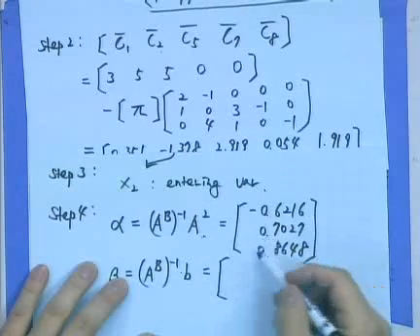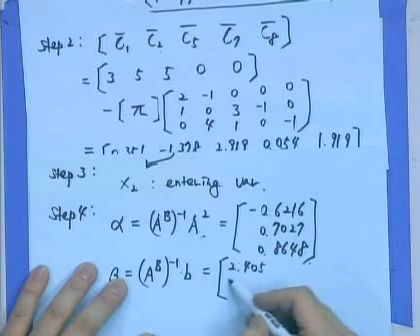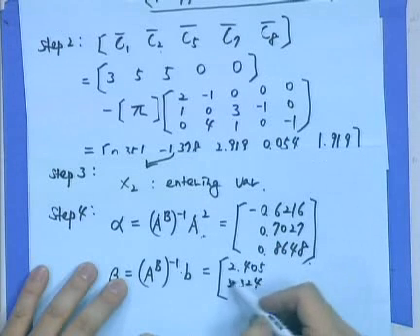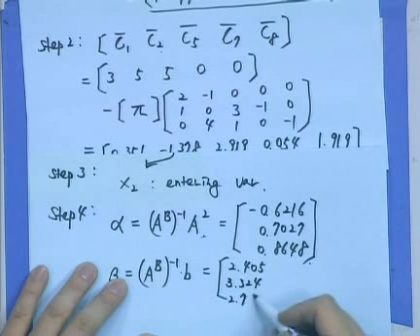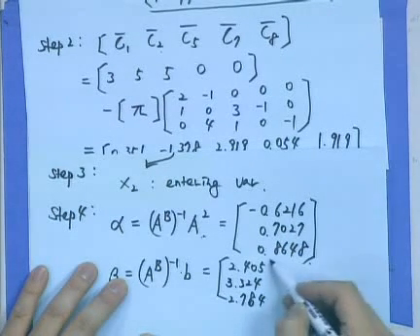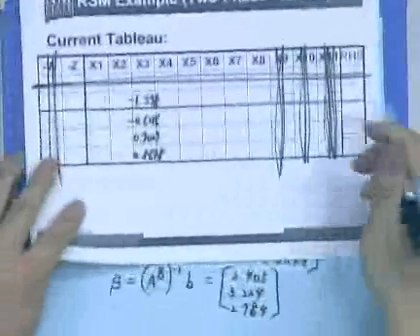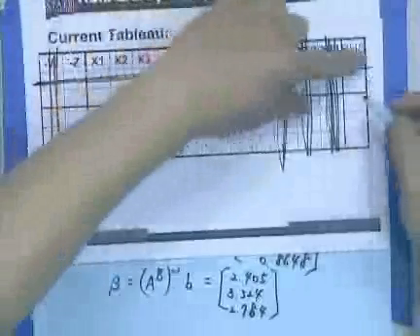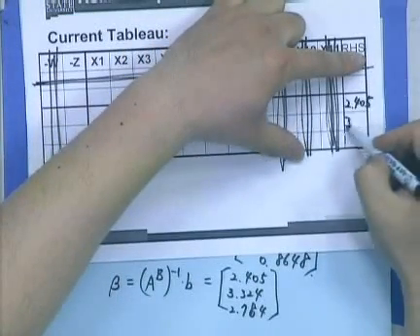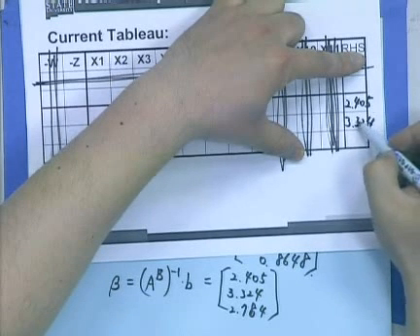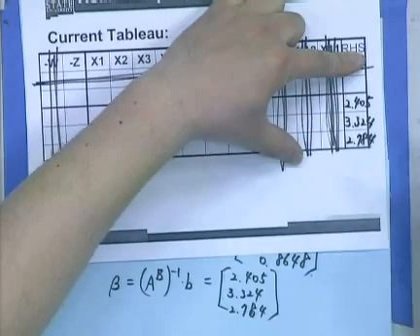And I've got these values, 2.405, 3.324, and 2.784. Okay? So I have these values, 2.405, 3.324, 2.784. Okay?